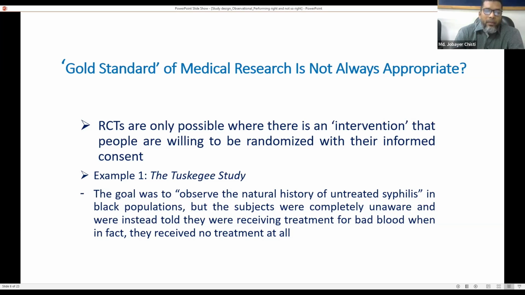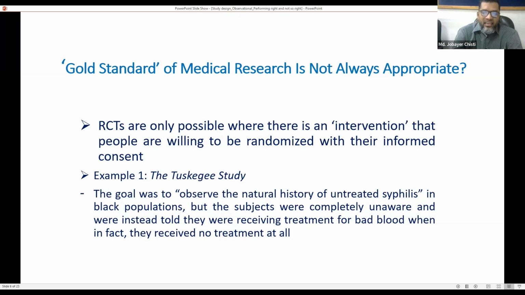One of them is the Tuskegee study. The goal of this study was to observe the natural history of untreated syphilis in Black populations, but the subjects were completely unaware and were instead told by the investigators that they were receiving treatment for bad blood.